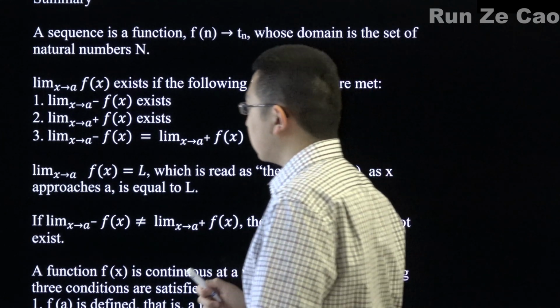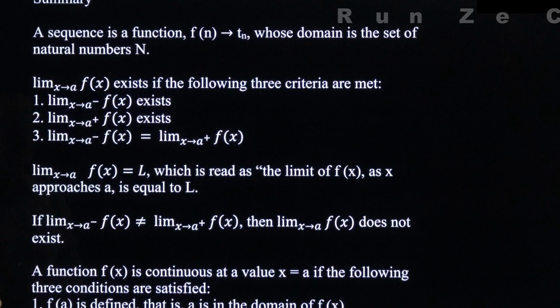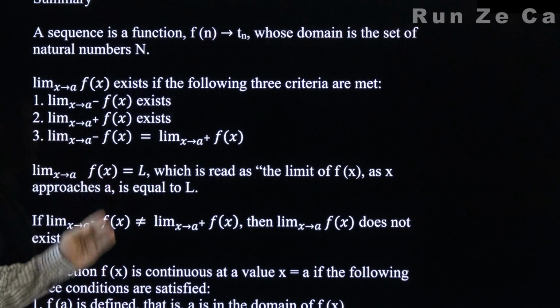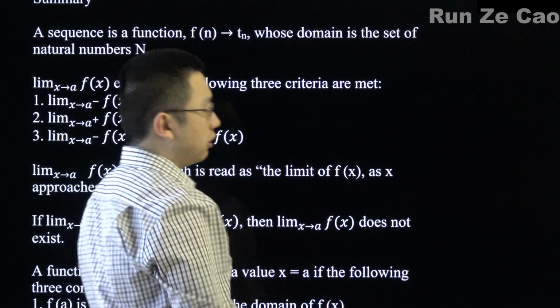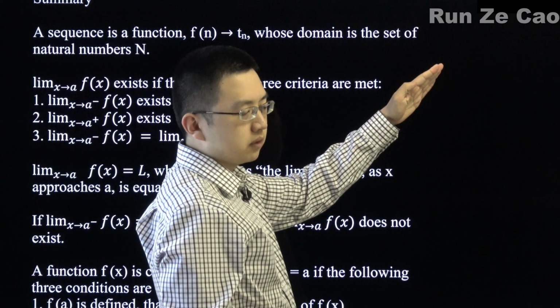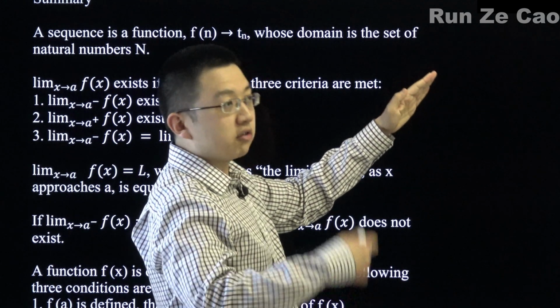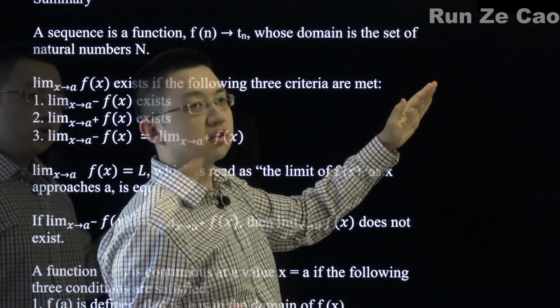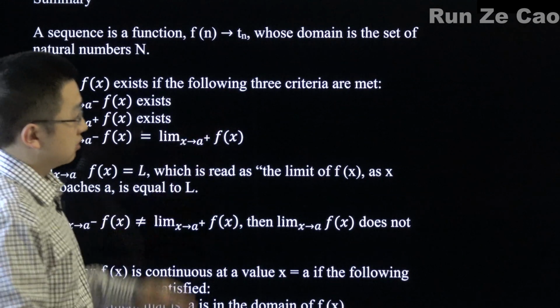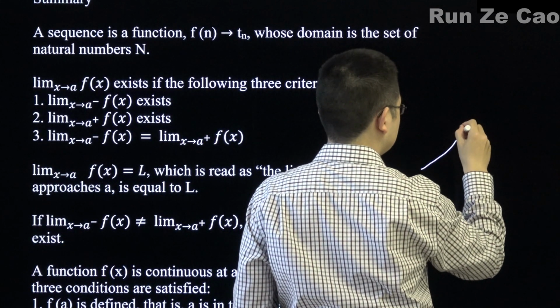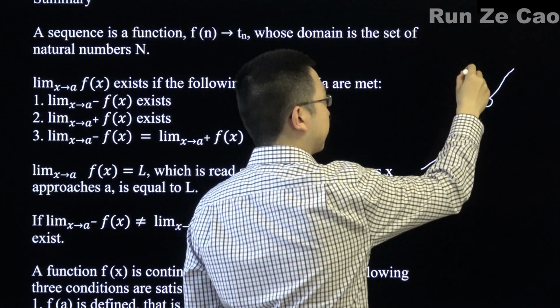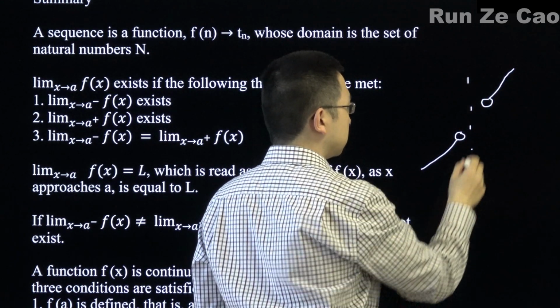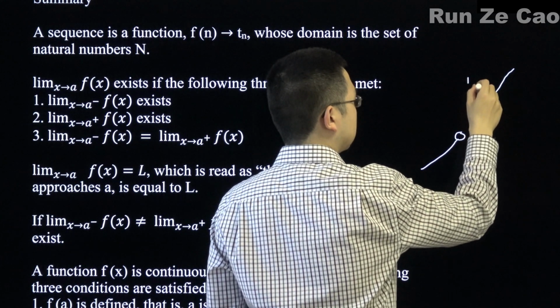Now the limit as x approaches a of f of x exists if you have these three criteria. So from the left side, when we approach it on the curve, we get a certain value that exists. So it's not in, say, a gap. What's here?